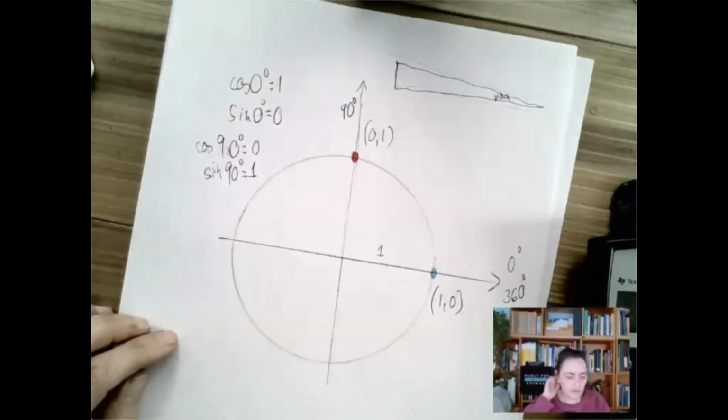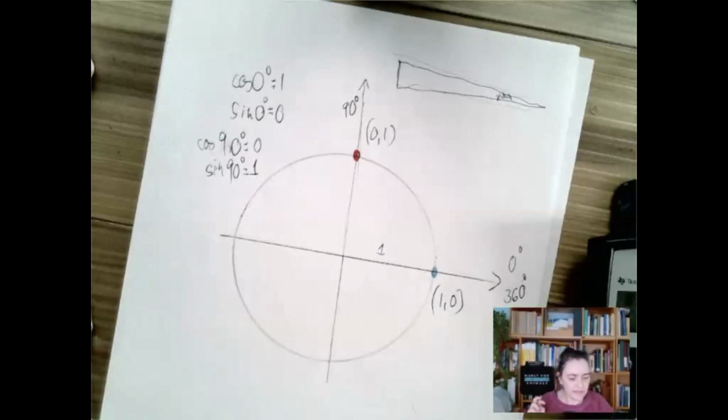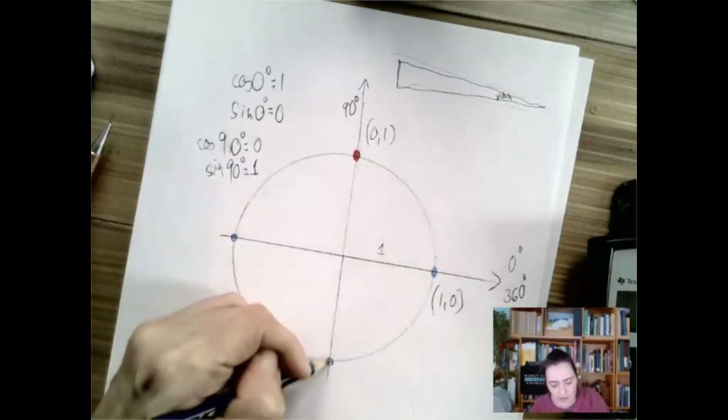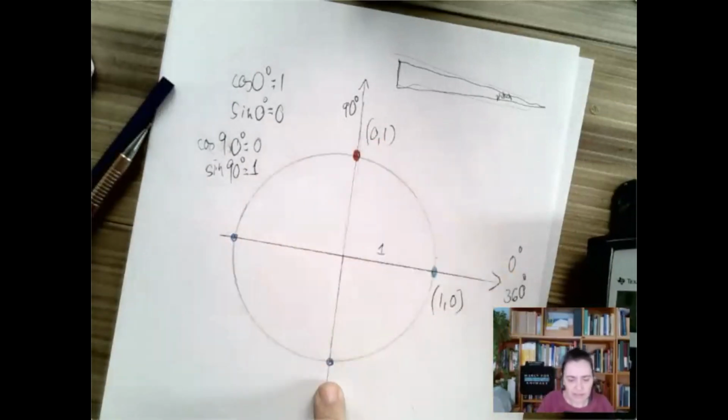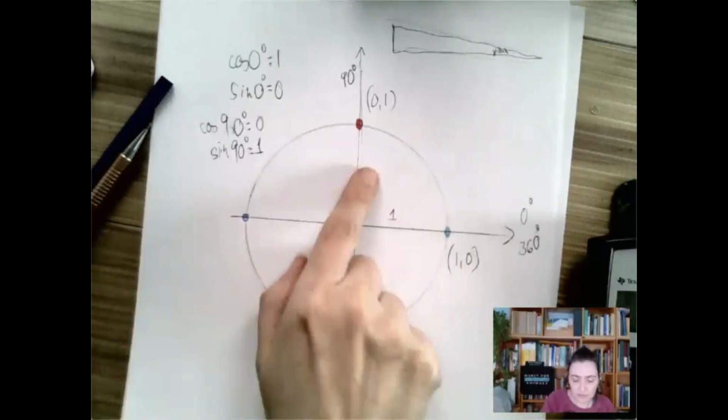Okay, it's a time waster to do, but there are four points altogether where there is no right triangle. But the Pythagorean theorem works on 0, 1: 0 squared plus 1 squared is 1 squared. Basically, these 4 points represent angles like 0, 90, 180, 270, and 0, negative 90, negative 180, negative 270.